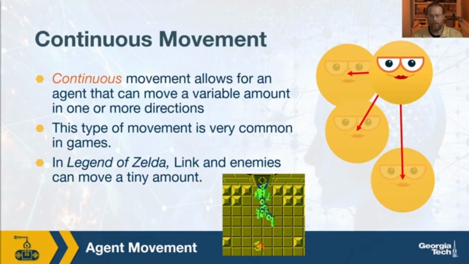So if you're moving Mario around in a Mario Brothers game, you can nudge Mario forward just a tiny bit, or maybe make him walk rather than tiptoe or run. Again, depending on which of the games in the series you're playing, but all of them, I think, support continuous movement. So we have this discrete versus continuous movement that we can consider, and we might have different approaches for how we deal with movement in the two scenarios.